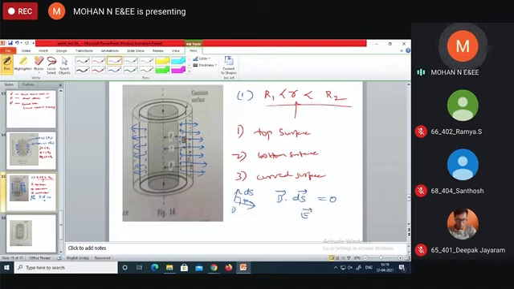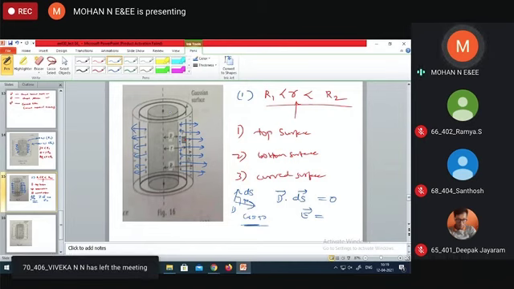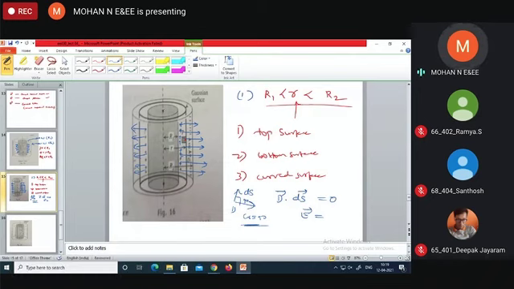Therefore, you will not have any flux or field along the top surface and the bottom surface. The angle between them is 90, so cos 90 is 0.